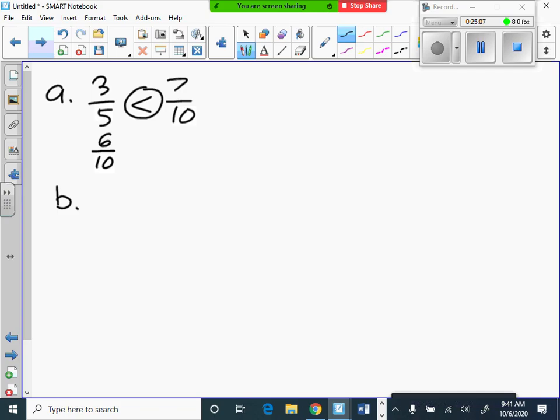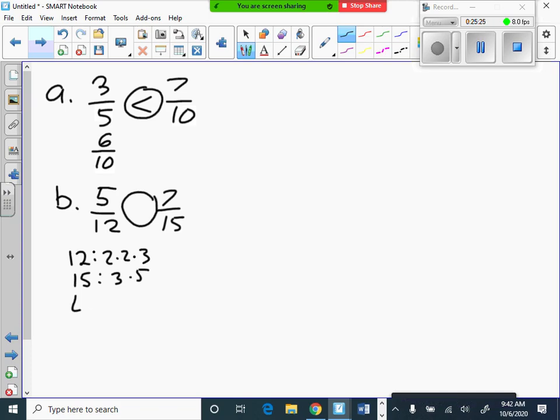B. 5/12 and 7/15. 2 times 2 times 3 is 12. 15 is 3 times 5. So my least common multiple is 2 times 2 times 3 times 5, which is 60.